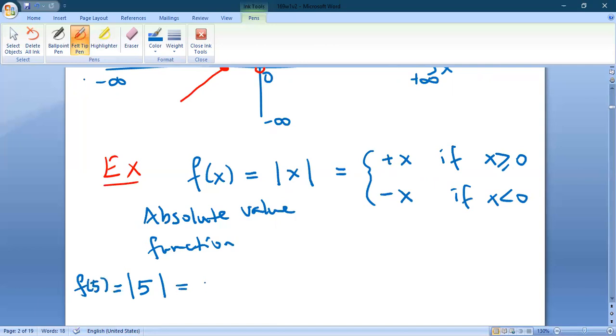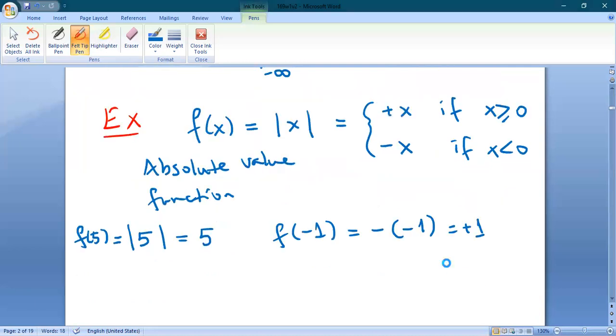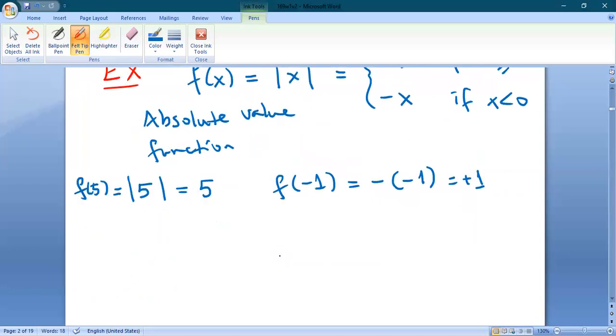Well, it's already a positive number, so it comes out as it is. But if you plug in some negative number, then it's going to give minus minus 1, which is plus 1. Okay, so this is what the absolute value function does, and its graph looks like this.